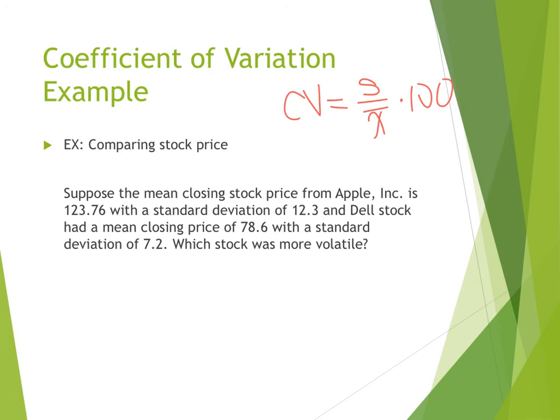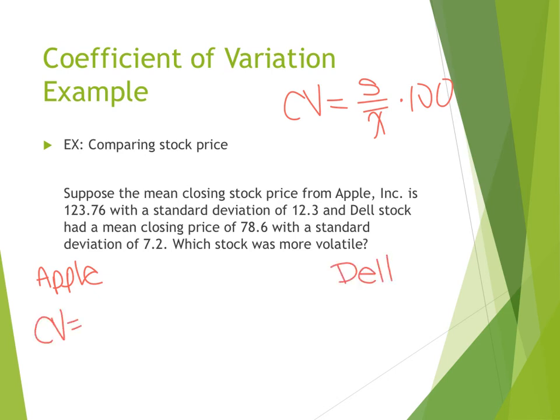So suppose the mean closing stock for Apple Inc. is 123.76 and a standard deviation of 12.3. And then we have our Dell stock with a mean of 78.6 and a standard deviation of 7.2. And we're going to try to figure out which stock was more volatile. So let's look at Apple and Dell.